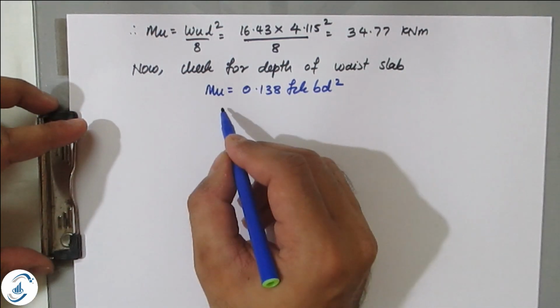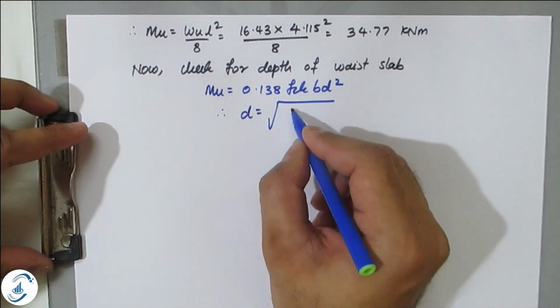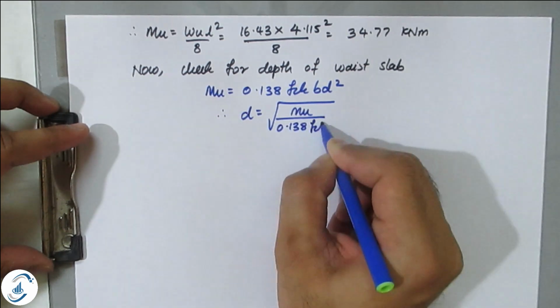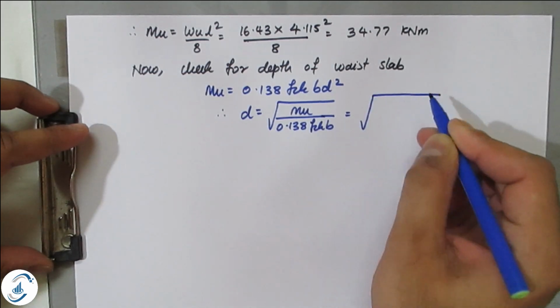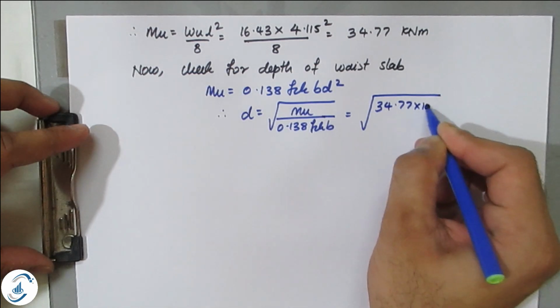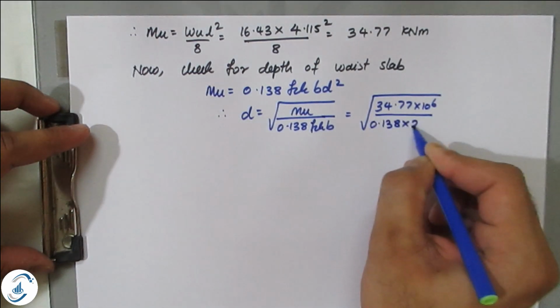Therefore D is equals to square root of Mu divided by 0.138 FCK B. So here Mu is 34.77 into 10 raised to 6 divided by 0.138, FCK is 20.